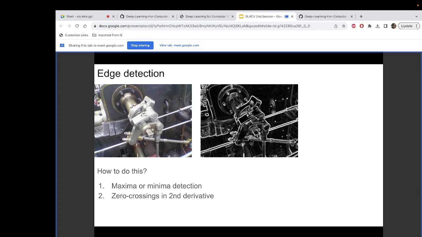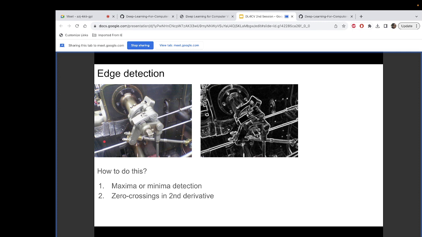So how do we detect the edges, the different edges of the different objects? You can see that this is a very complex image consisting of a lot of lines, of a lot of change in the pixel values across the different edges. So how do we detect it? One is the maxima or minima detection. Why maxima or minima? I answered this question before: suppose in this black area, it was a pretty constant sort of area, low frequency, there was hardly any change, right?